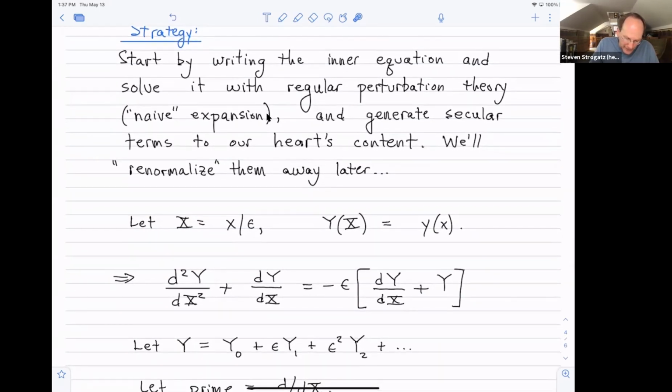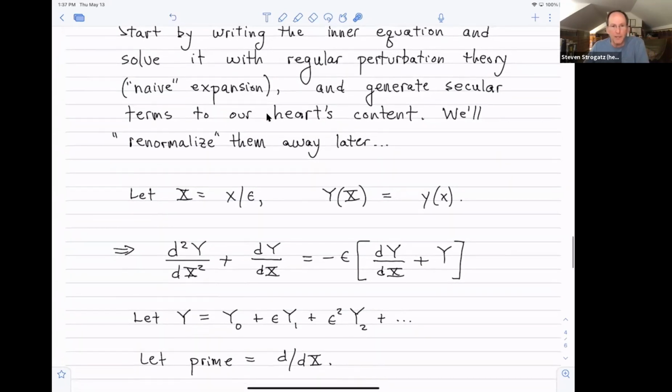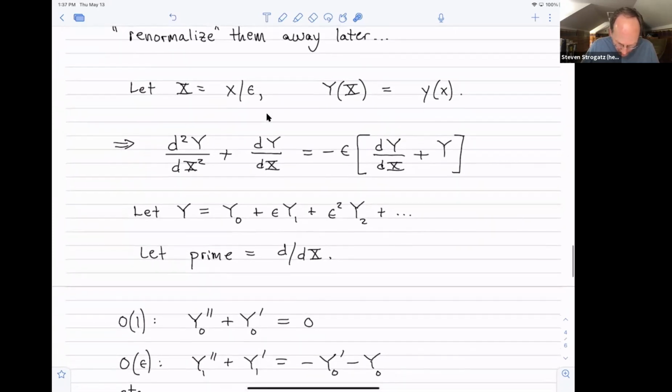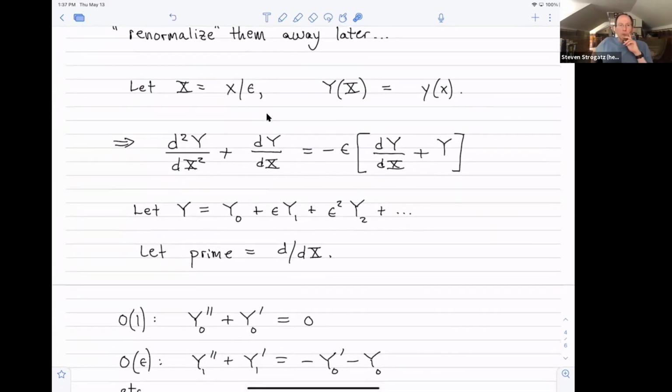Then we do a naive regular perturbation assumption for Y and plug it in. To save writing, let's use prime to mean d by dX. If we plug that in, then we get our usual sequence of linear equations for the various terms in the regular perturbation series.